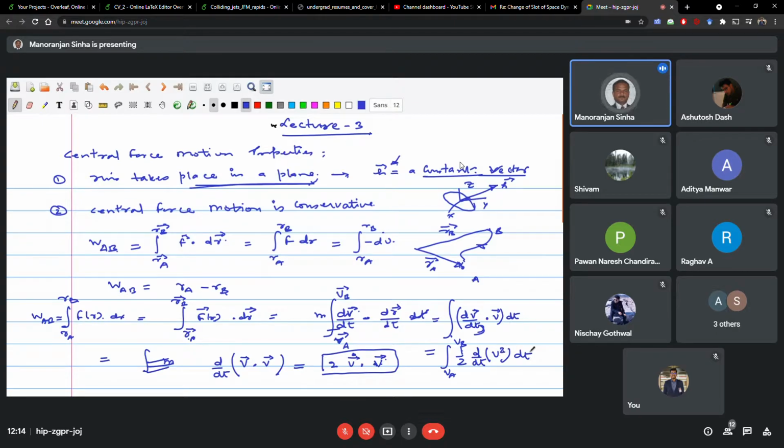And V dot dV is nothing but V dV, as we have done. So this gives us 1 by 2 VB squared minus 1 by 2, and of course m is outside here, VA squared.